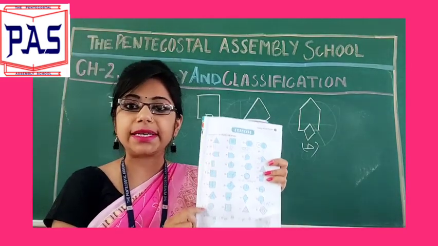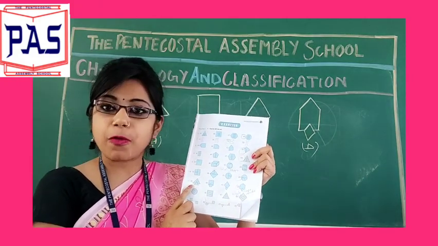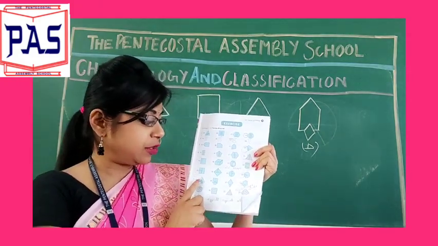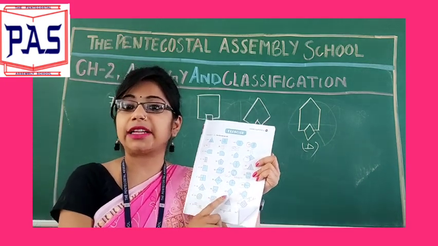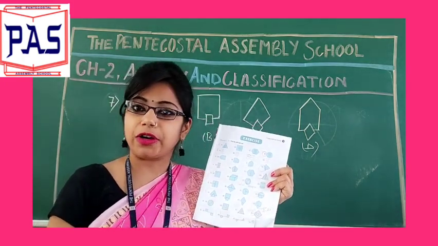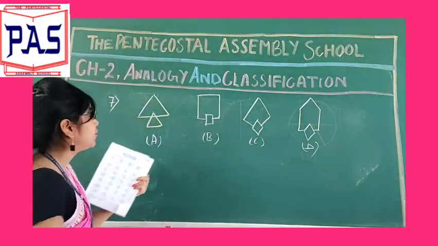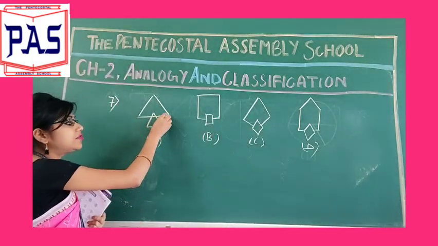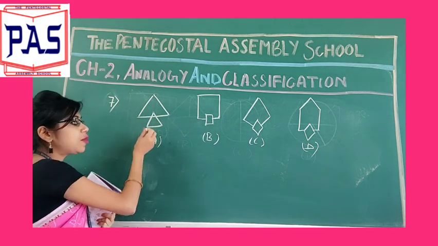Now you can see that in question number 7, there are 4 figures. Each figure is attached with one more small figure. In the first picture, there is a triangle which is attached with a small triangle.